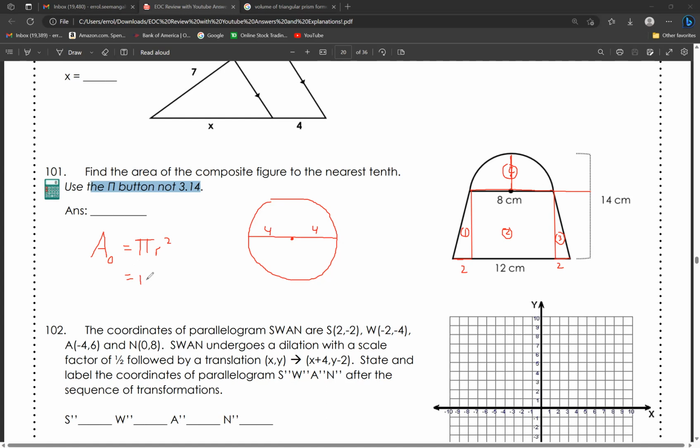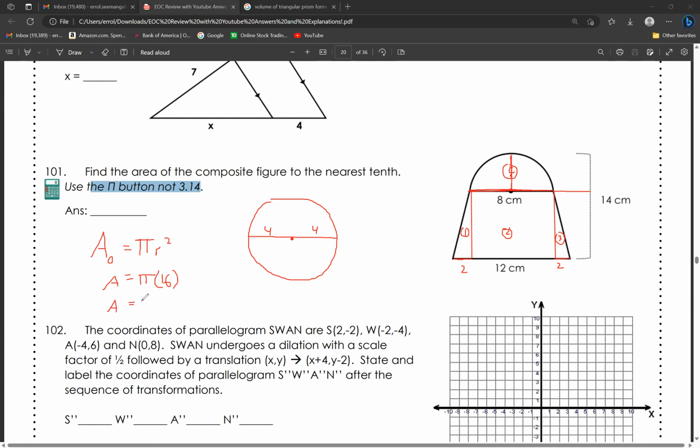So if the radius is 4, then 4 squared is 16, right? You sure the radius isn't 8? Well, this whole thing is 8 right here, so that's the diameter. Exactly. So the area of the circle would be 16 pi, and now we're taking half of that because it's a semicircle.